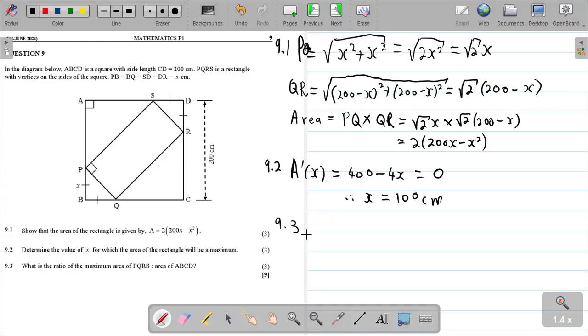So if we want the maximum area, we have to say A equals 2, then (200 times 100 minus 100 squared).